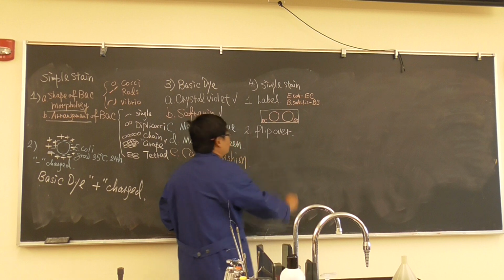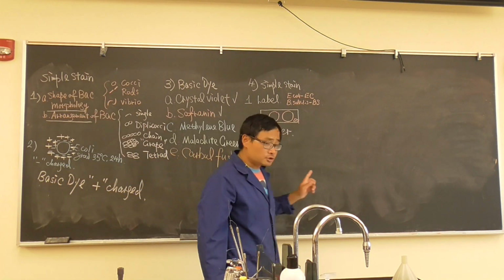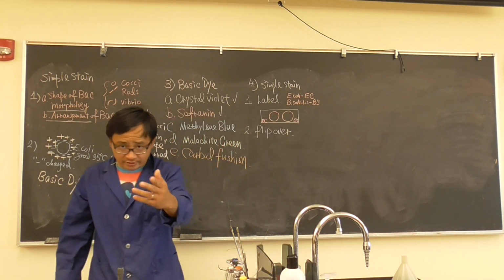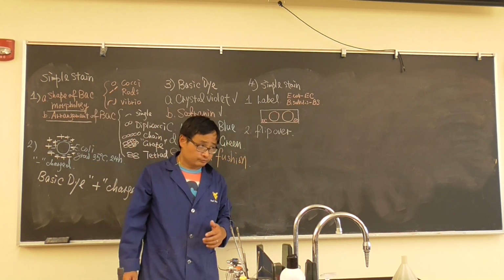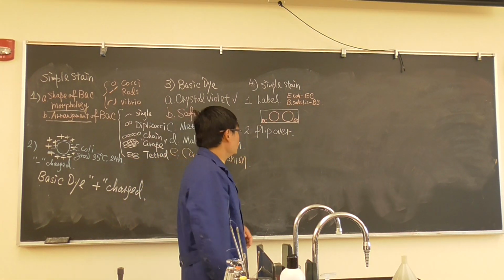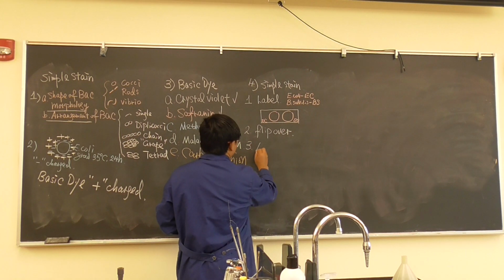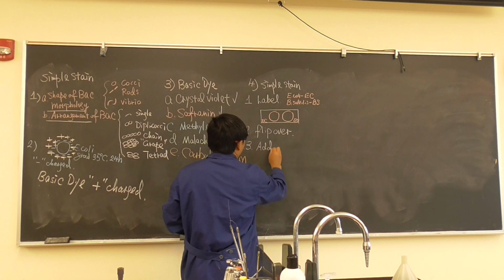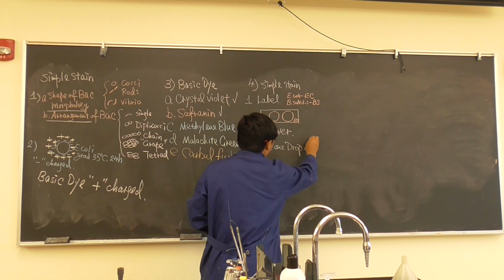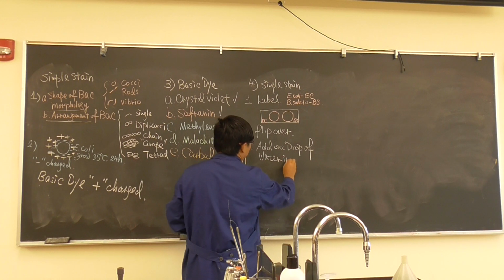This is very important. The reason is when you put a Sharpie marker there, it may damage the objective lens. So we usually flip it over. Once you flip it over, we're going to add 1 drop of water in the middle of the circle.